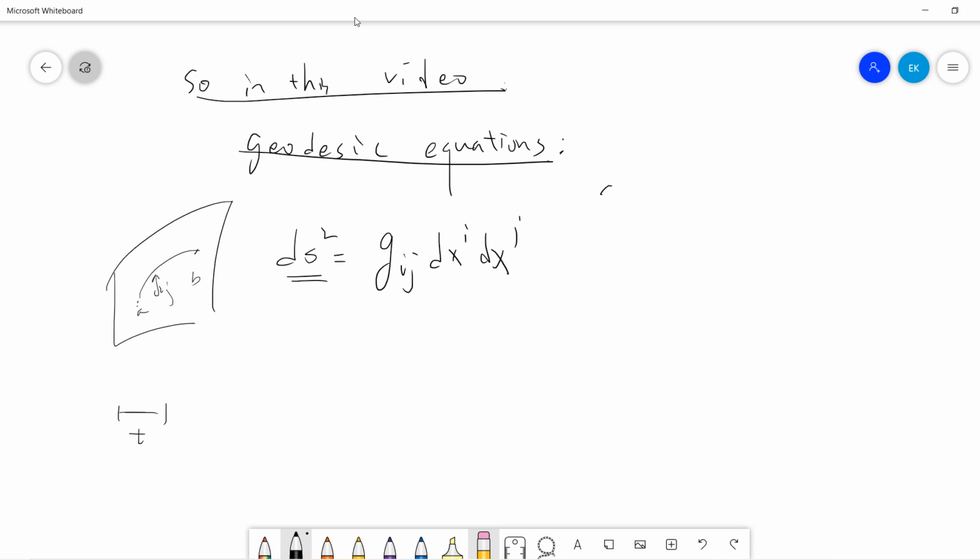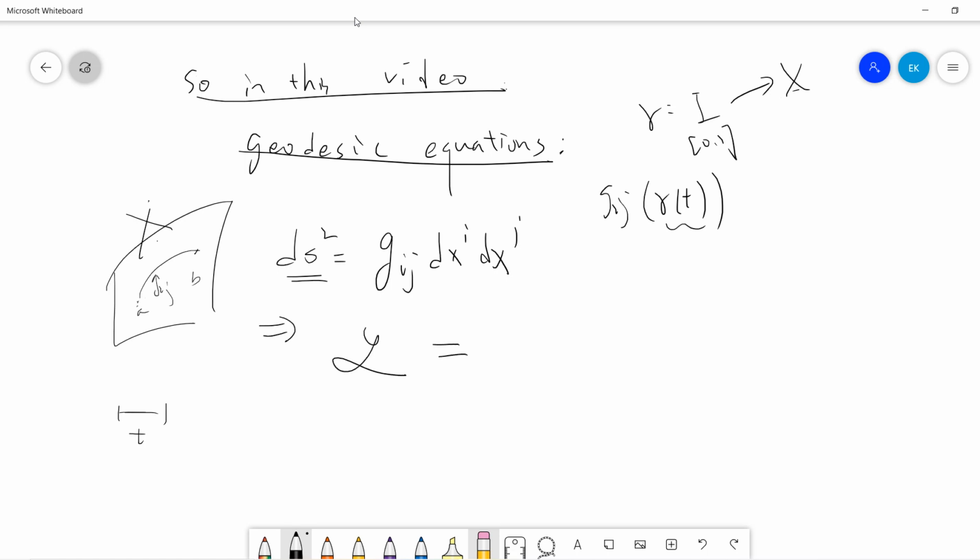That means there's a curve gamma of t, where gamma maps from the unit interval to the manifold space called X. If we derive a Lagrangian, then ds squared should be G_ij dx^i/dt dx^j/dt.